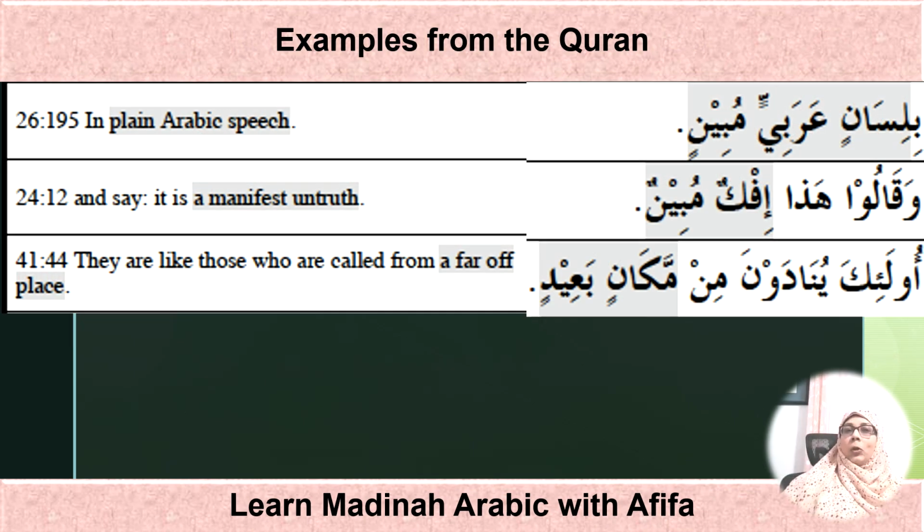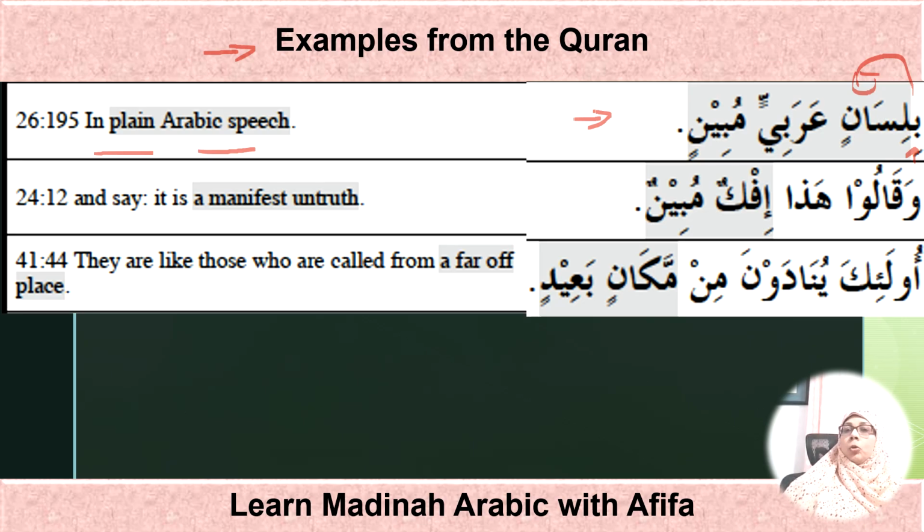Let's continue to look at examples from the Quran to study adjectives. In the first example, bi lisanin arabiyyin mubinin. It means in plain Arabic speech. Here, bi is your preposition and it is attached to this noun, lisanin. Lisan means tongue, but here it's referring to the speech.